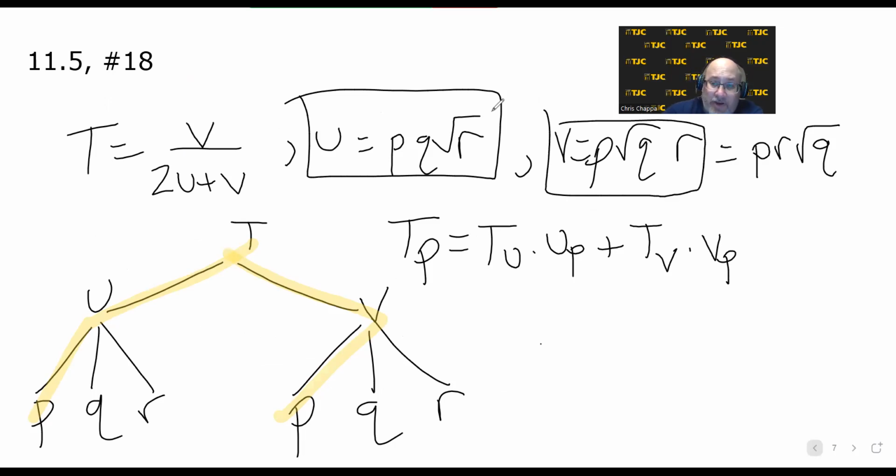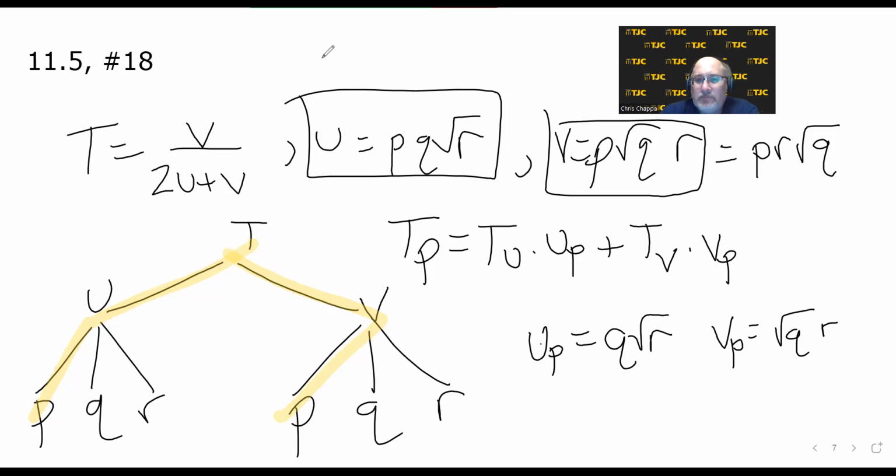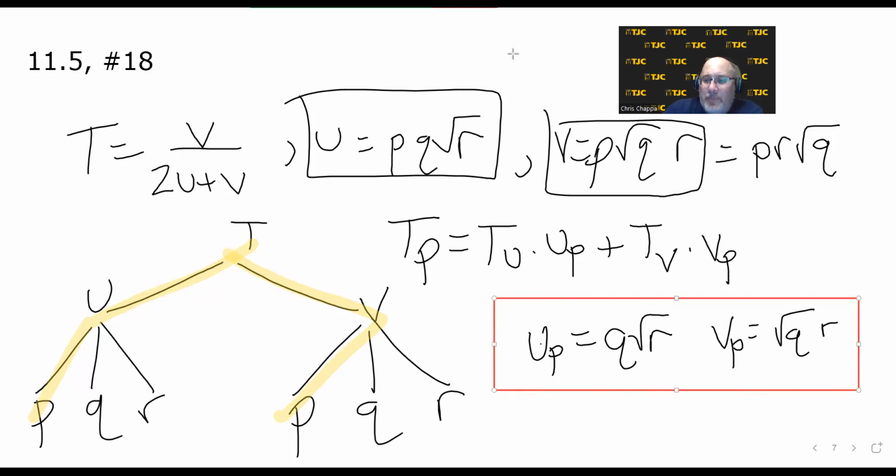In fact, I'll just do them right here. The partial derivative of u with respect to p is q square root of r, and the partial derivative of v with respect to p is square root of q times r. I don't know why when I'm drawing my r's, I'm trying to draw 2's. I haven't figured that out, but I've done it quite a bit. Okay, so here are our partial derivatives of u and v with respect to p.